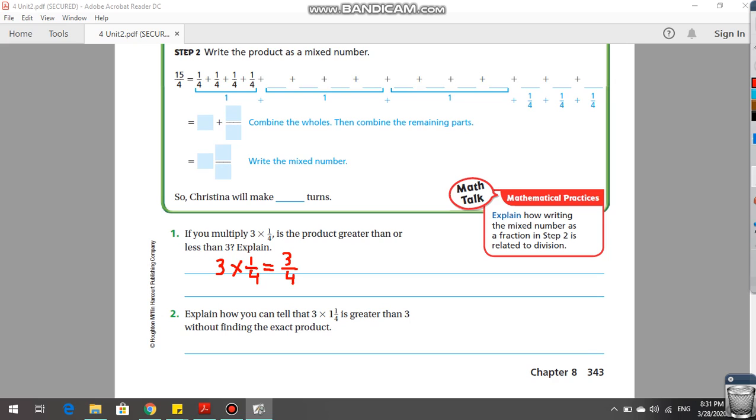So the question now is, is 3 over 4 greater than 3 or less than 3? It's less than. Why, guys? Because 3/4 is not even a whole. It's not even 1. It's less than 1. And 3 is greater than 1. So 3/4 is less than 3.